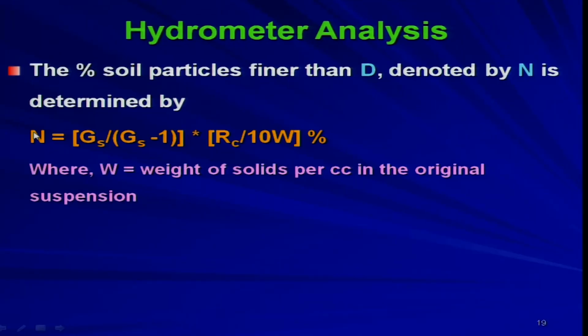So, from the sieve analysis we have got a similar thing, that is percentage finer than a particular sieve or particular diameter, and then from the hydrometer analysis we have got n, that is also percentage finer than a particular diameter. Then we combine these together and plot it, and we will get the grain size distribution curve for soil.